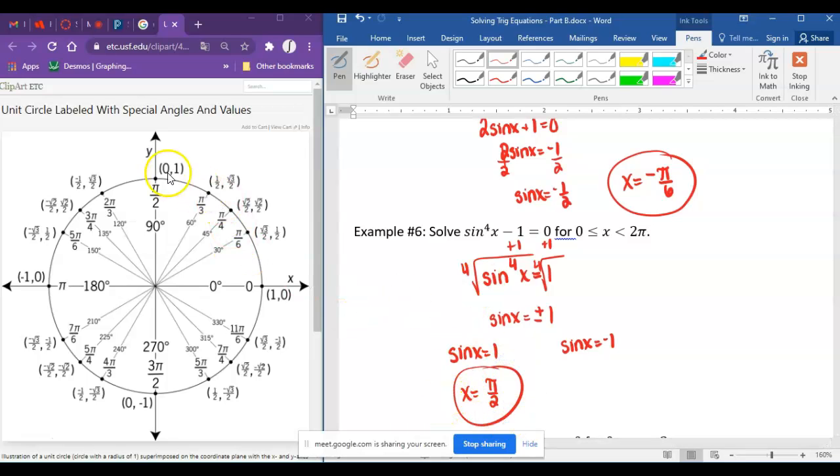And then we're also looking for sine x equals negative 1, which happens down here at 3 pi over 2. So x also equals 3 pi over 2. So we've got 2 answers for that problem. Okay, any questions?